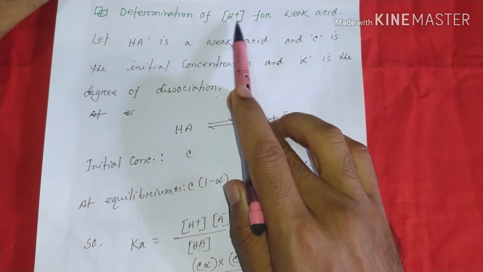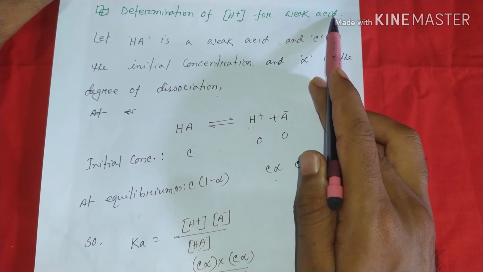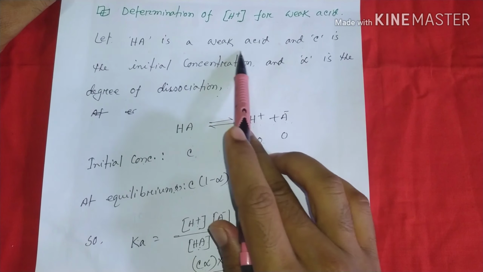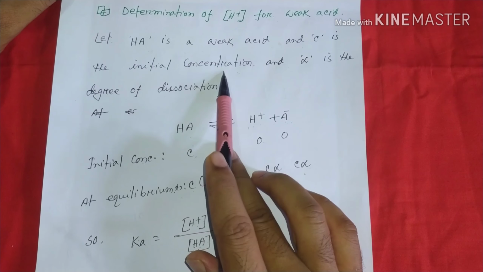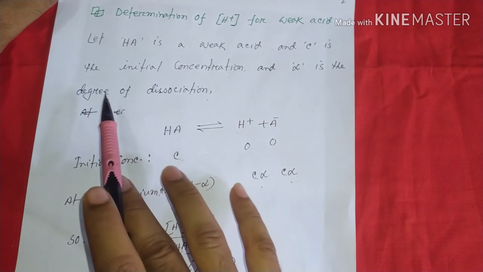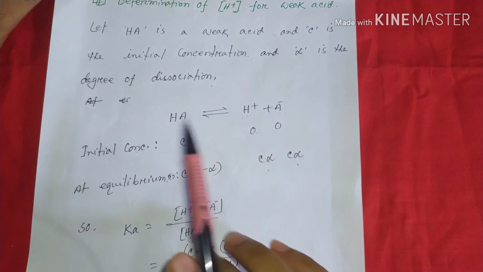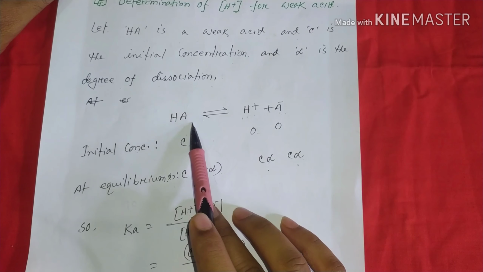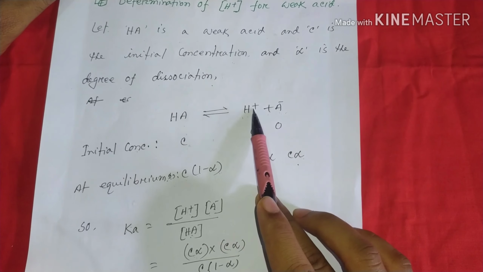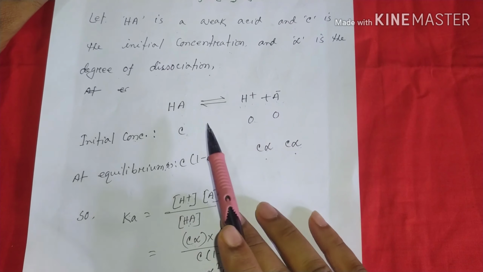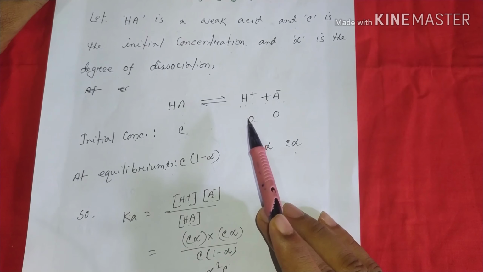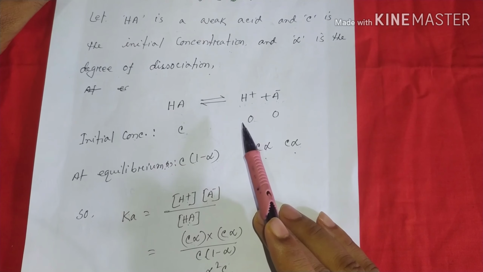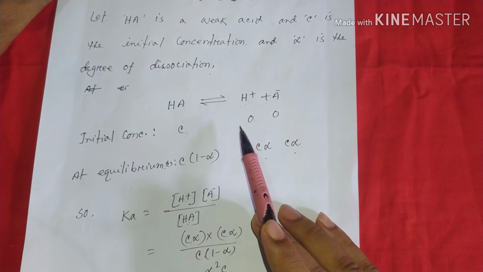Now the determination of the concentration of proton for weak acid. Let HA be a weak acid, C the initial concentration and alpha the degree of dissociation. So we can write HA partially dissociates to form proton plus anion. Before starting the reaction, the reactant concentration is higher.